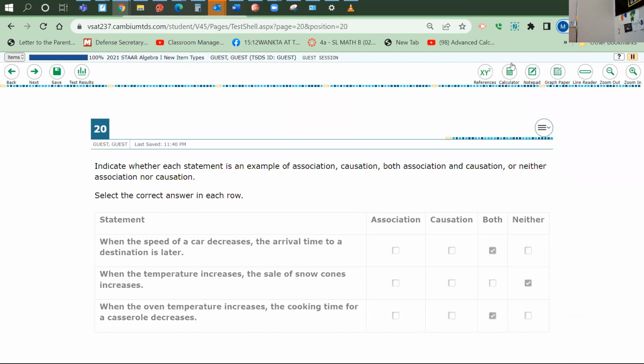I missed one of those points. I think this should have been association. Yeah, I'll go back and look at it. We'll talk more about number 20 in class on Monday. All right, but overall, not bad. I mean, I missed one on it.